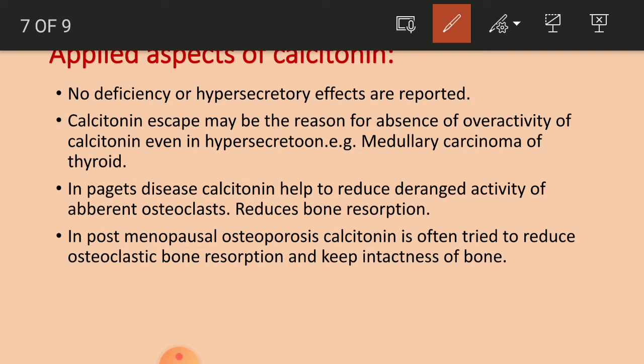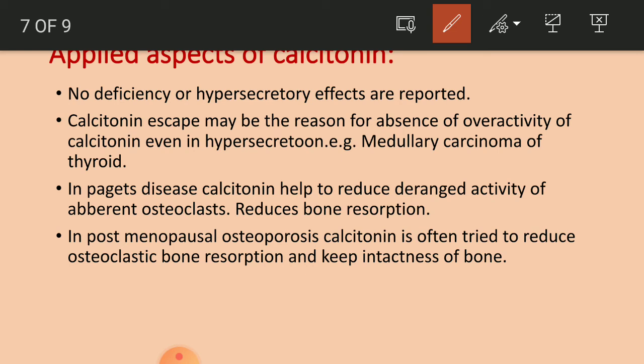Another condition is post-menopausal osteoporosis, where calcitonin is often tried to reduce osteoclastic bone resorption and to keep intactness of the bone. You know that after menopause, as there is fall of estrogen level, the osteoclastic activity gets rampant and apoptosis of osteoclast gets reduced. Differentiation takes the upper hand by different cytokine liberation in absence of estrogen.